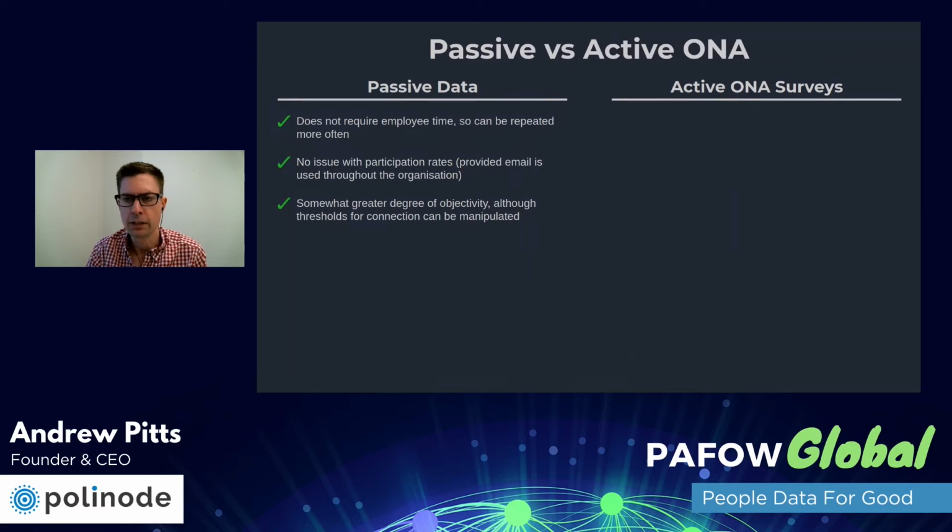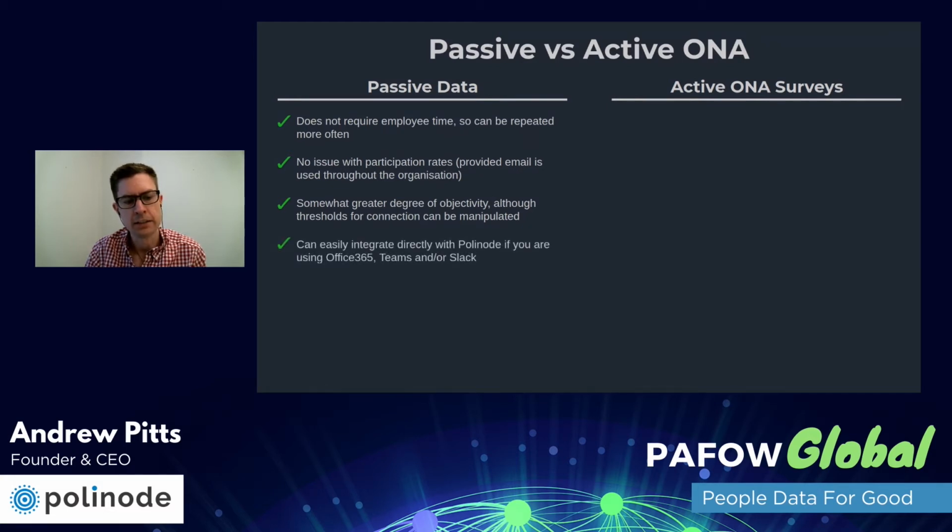We're using passive data, which is basically a record of the communication patterns, and we're not relying so much on nominations of individuals. But still, we will typically use thresholds in order to determine when a relationship exists or not. So there's still some degree of subjectivity, but there's certainly a greater degree of objectivity.